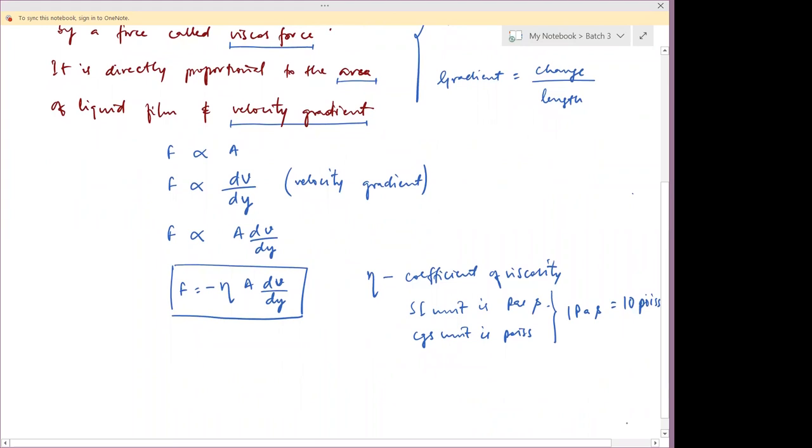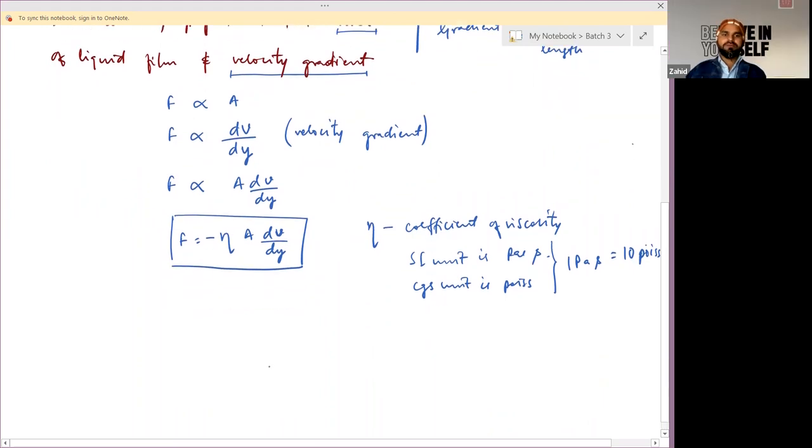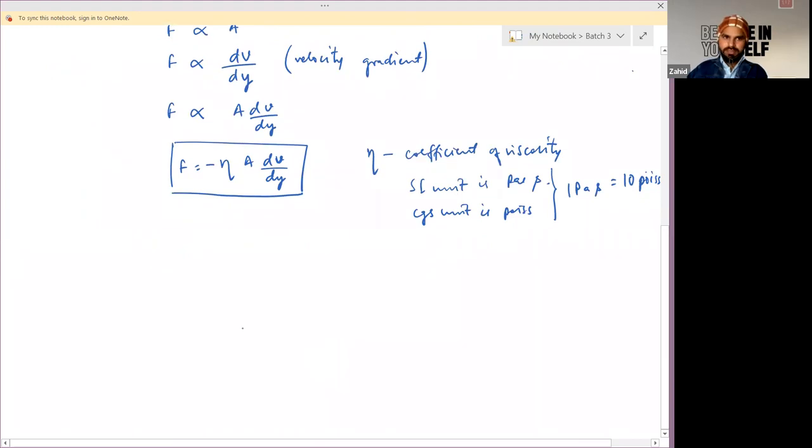Yes, sir. Okay. Now we can rearrange this particular formula to define another relation. We can write eta equals F divided by A, whole divided by dv by dy.